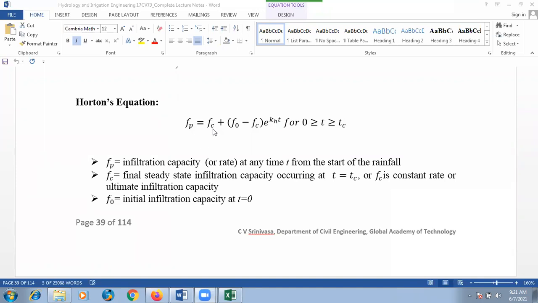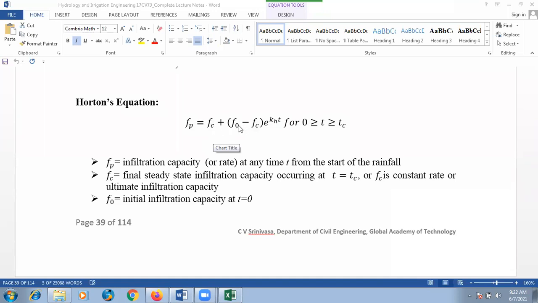And similarly, fc, lowercase fc, represents the infiltration rate which has become steady or constant after some time lapse from the beginning of the rainfall.